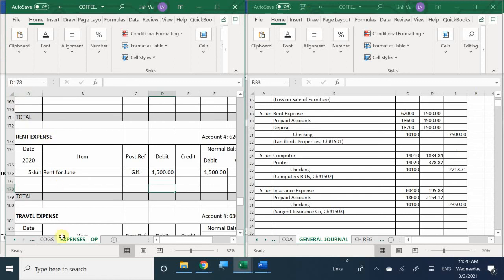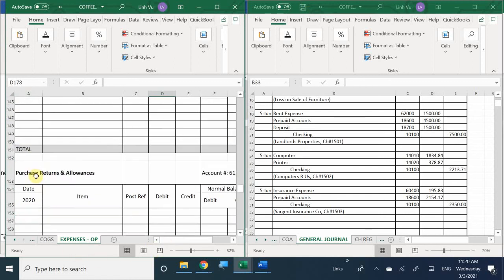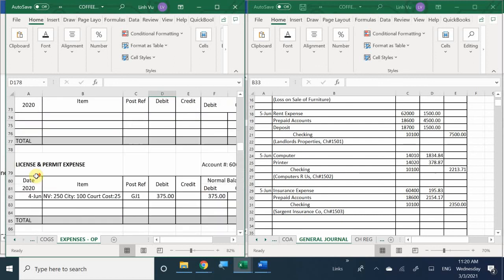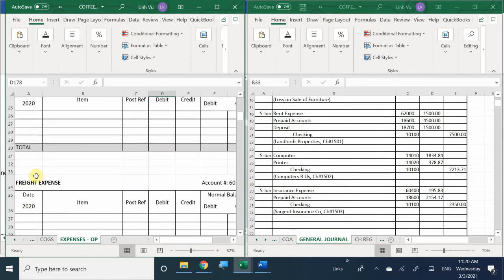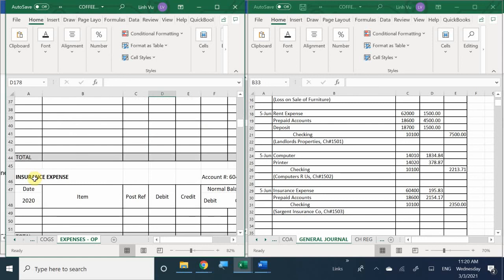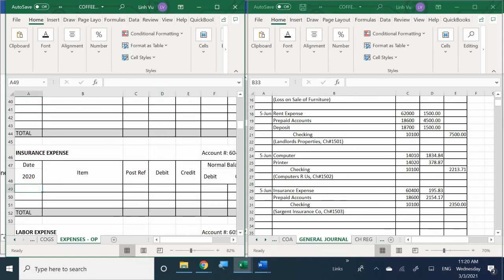Remember, all my expenses are going to be in alphabetical order. Where I left off was rent expense, so I'm just going to keep scrolling up until I see insurance expense. Here's insurance expense. Okay. 6.5. And my note here is insurance for the month of June.